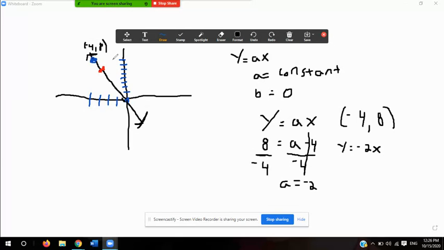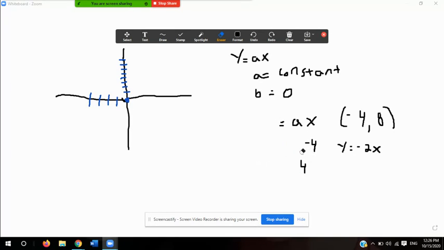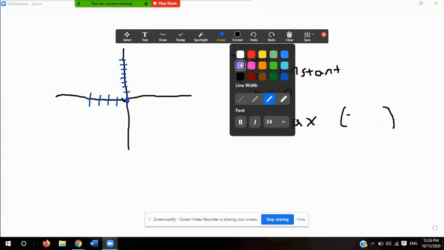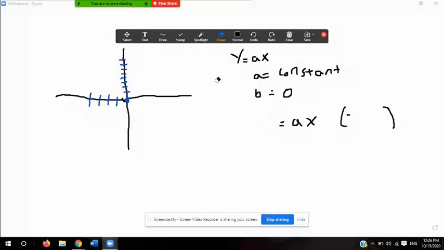This one is actually in your book, on page 107. So let's do the same thing, but with a different ordered pair. So I'm going to go ahead and erase all this. Give me a second, I'll fix that.